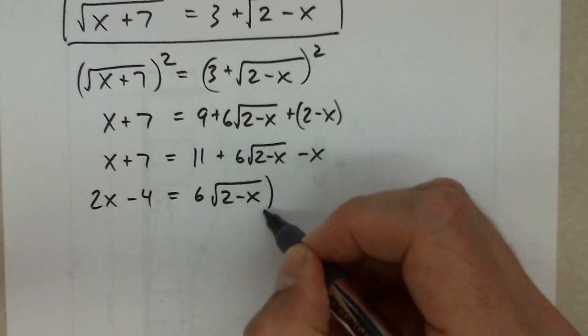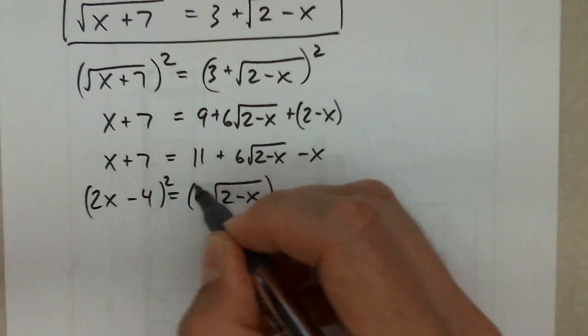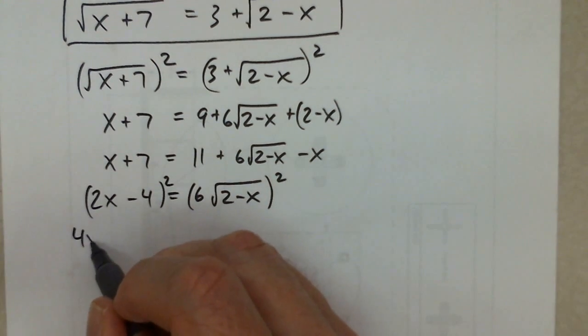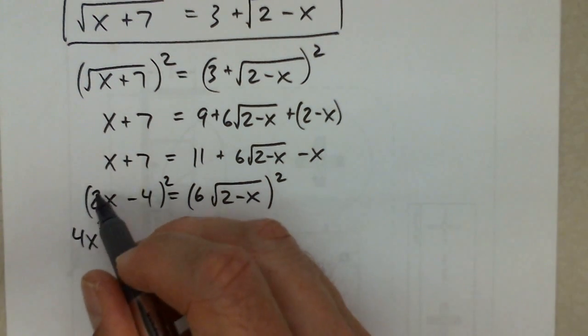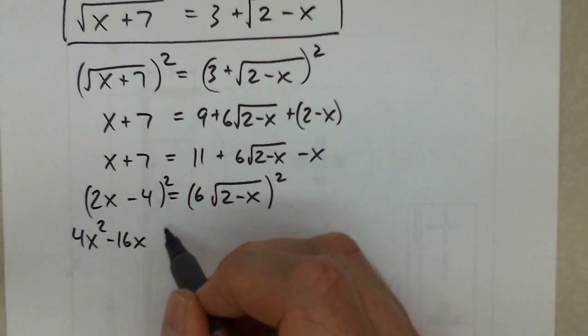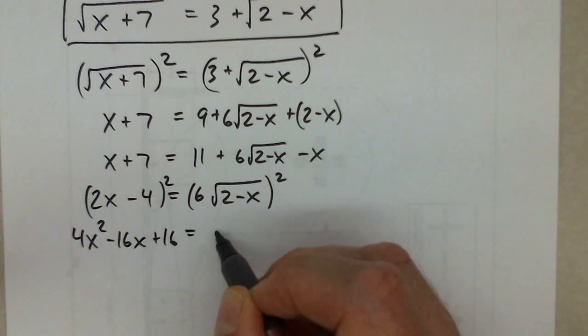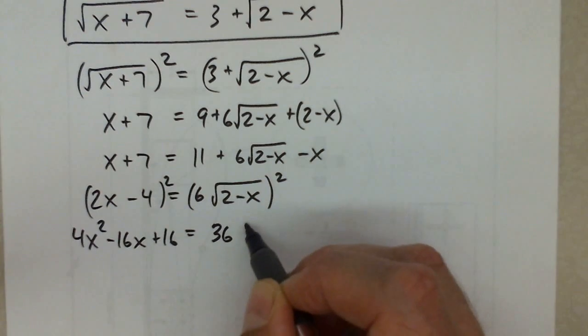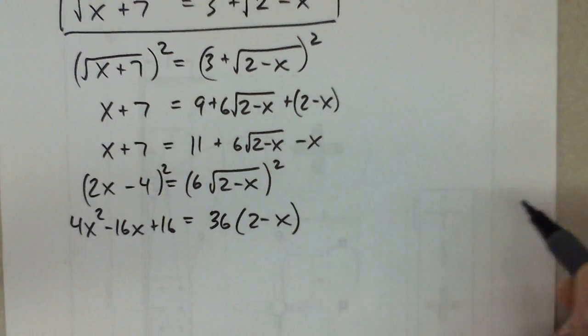And now we're going to square. So it could be a negative 8 plus negative 8, negative 16, negative 4 times negative 4, 36 times 2 minus x.